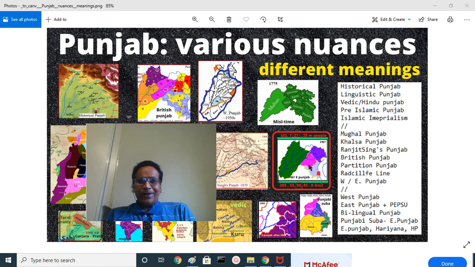Mrs. Gandhi's administration agreed to that in November 1966. Punjab was again trifurcated, and we got Punjab, Haryana and Himachal Pradesh, and the prefix East was dropped so that people should not wonder what East means and what West means. So Punjab in India actually means East Punjab, the Punjabi Suba, along with Haryana and Himachal Pradesh.